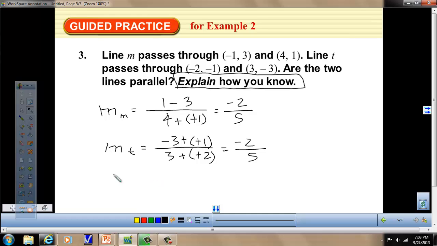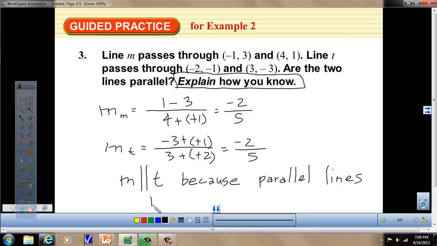So we can see that the slopes are the same, so we can say M is parallel to T because parallel lines have the same slope.